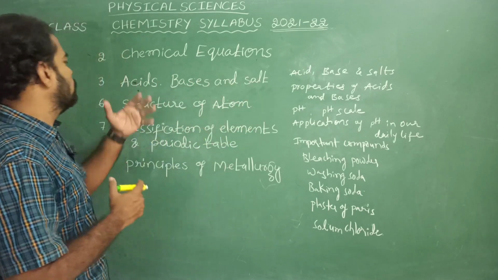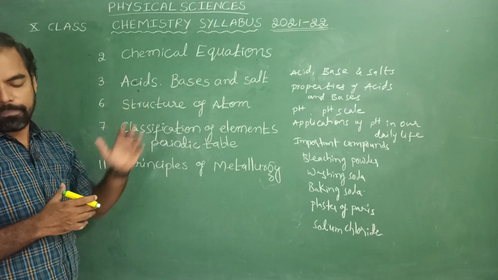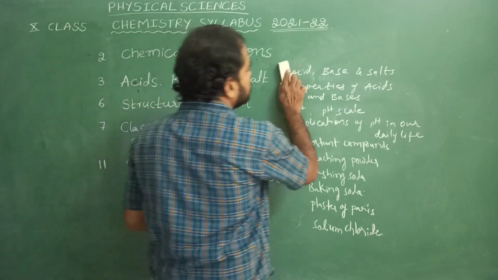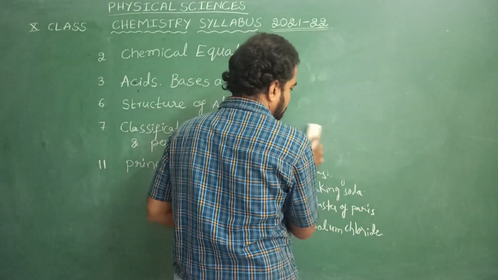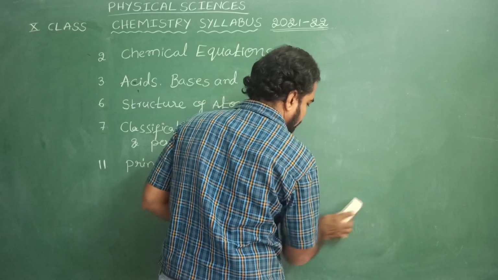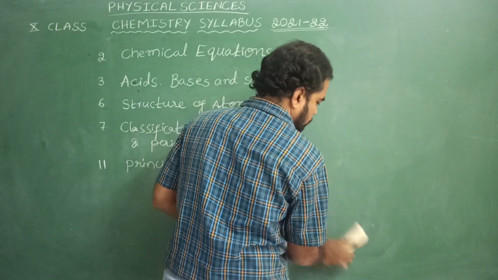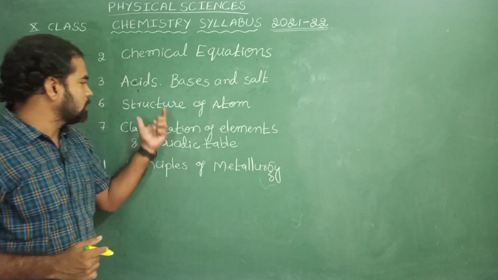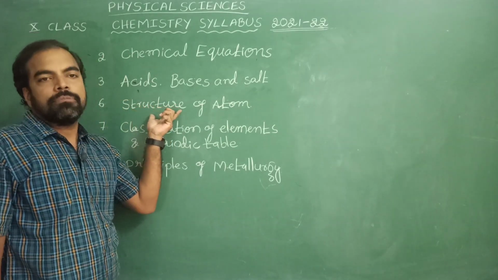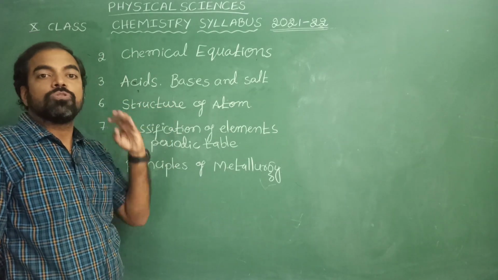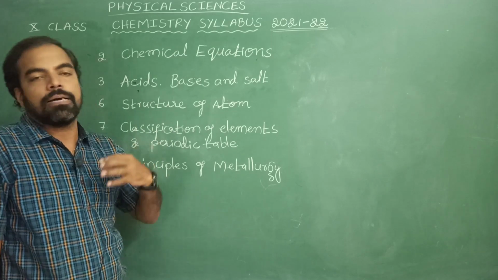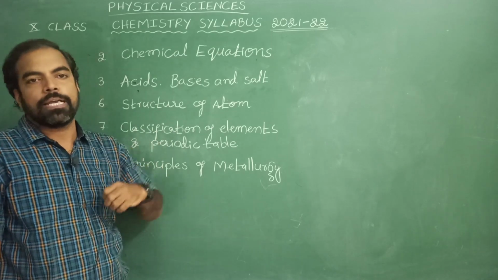Okay students, now let us see the structure of atom. In 9th standard we discussed atoms and molecules and what is inside the atom: the Rutherford atomic model, J.J. Thomson atomic model, and Niels Bohr atomic model.